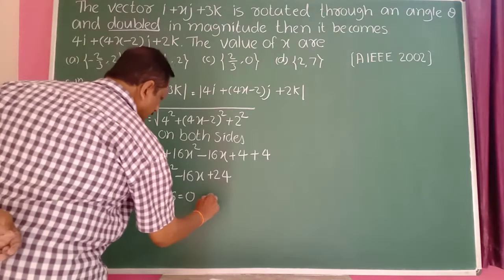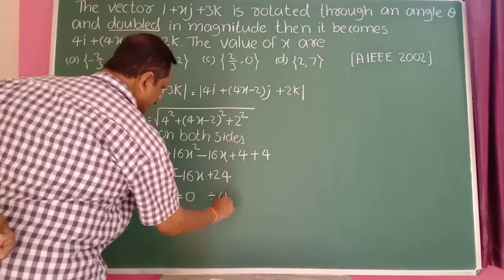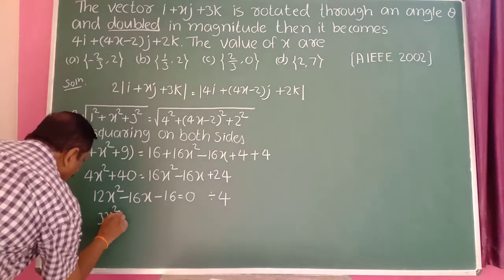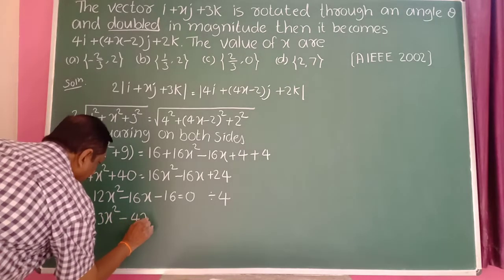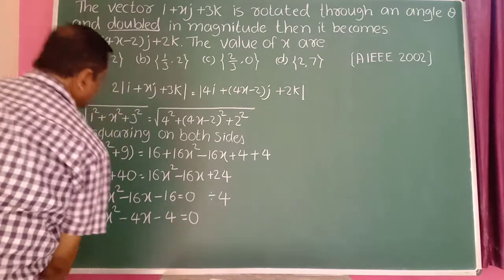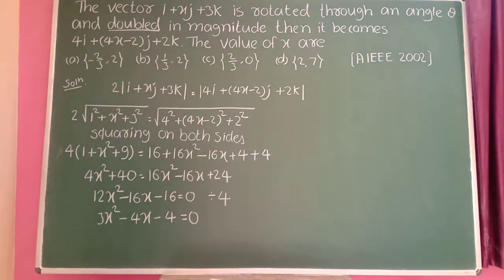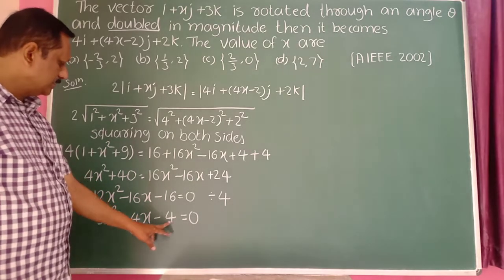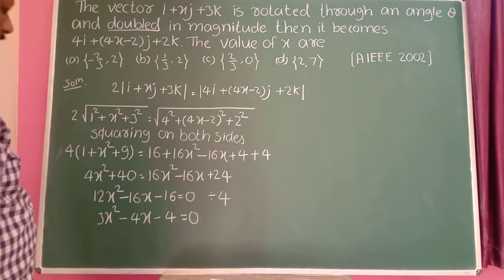Then dividing both sides by 4, so 3x square minus 4x minus 4 is equal to 0. It is a quadratic equation here. So 3 4s are 12 here. Product should be minus 12, sum should be minus 4 here.